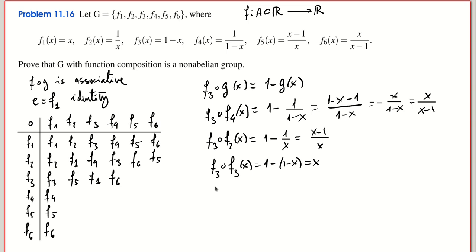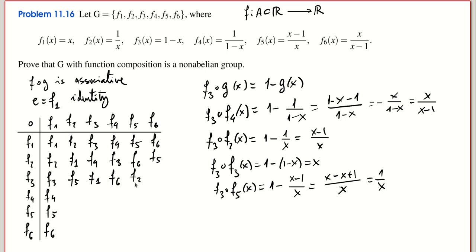Then we have to compose f3 with f5. That gives 1 minus f5, which is 1 minus x minus 1 over x. Multiply, you get x minus x plus 1 over x, and you cancel the x and get 1 over x. 1 over x is f2.